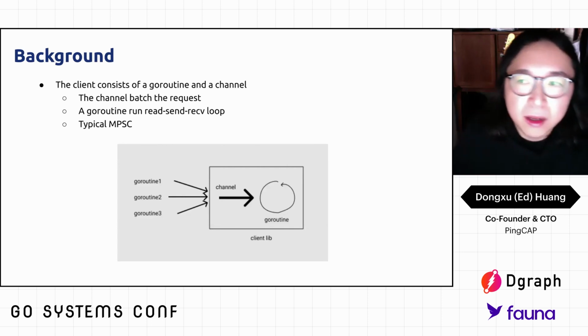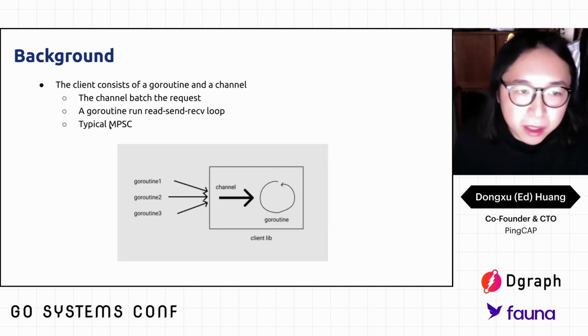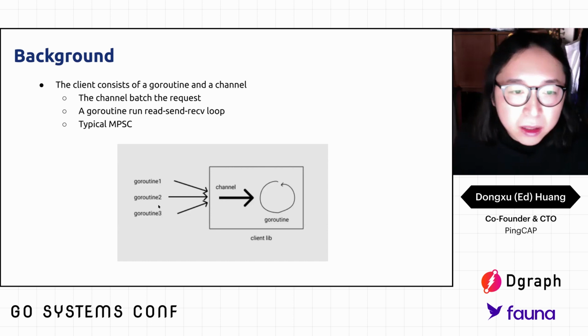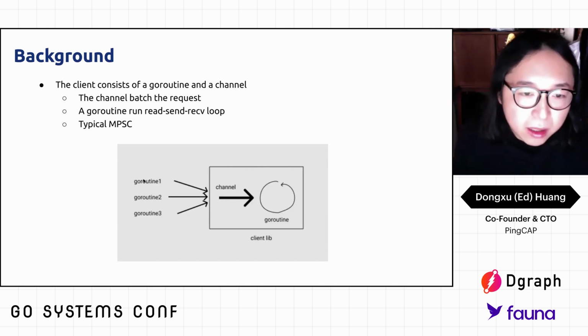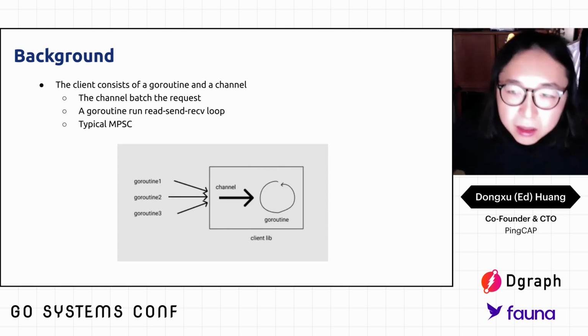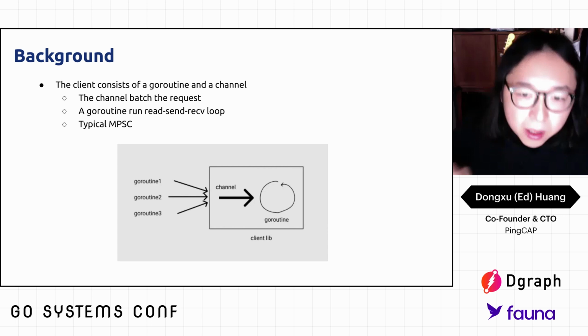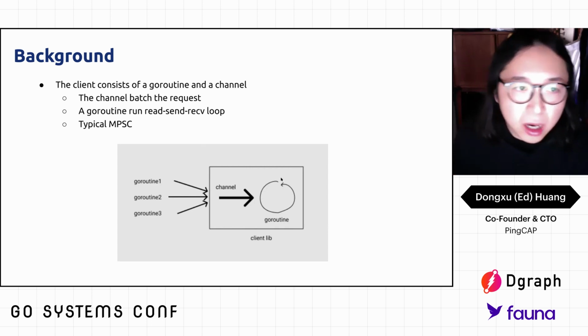Let's imagine a very common situation, just like this. It is a very typical MPSC pattern. You have multiple goroutines sending requests to the channel, and you have another goroutine in a loop, reading from the channel and doing the jobs.